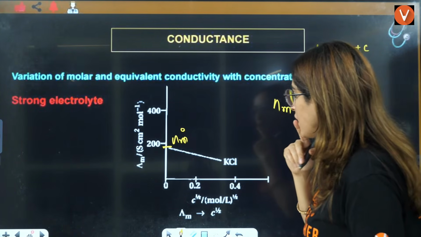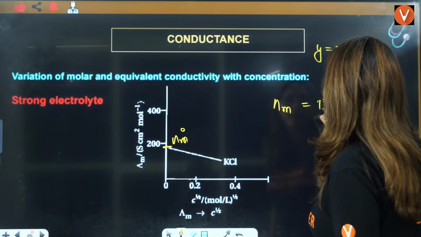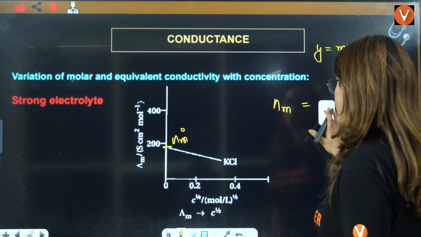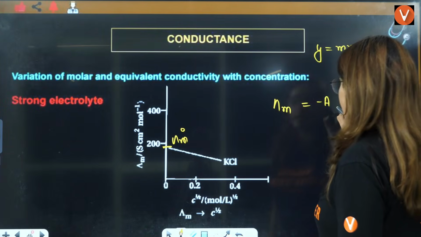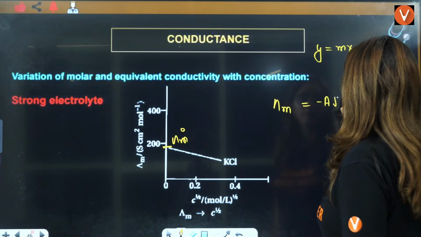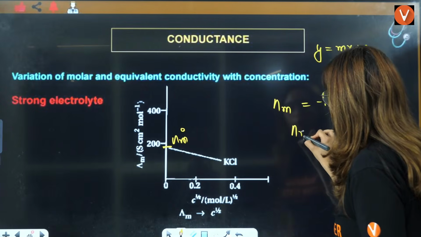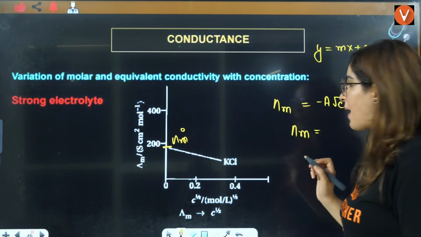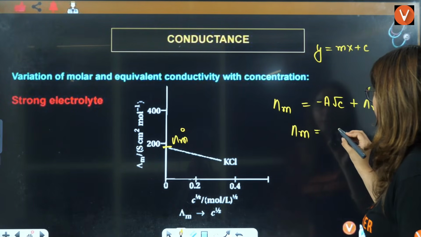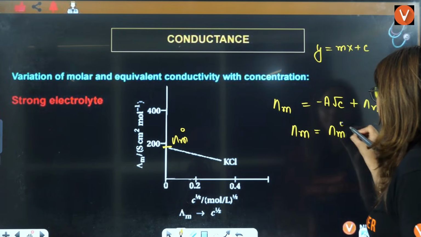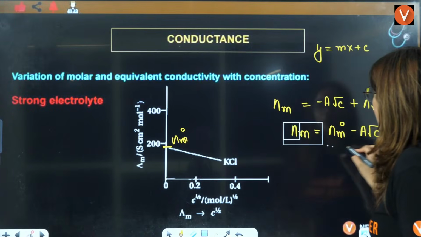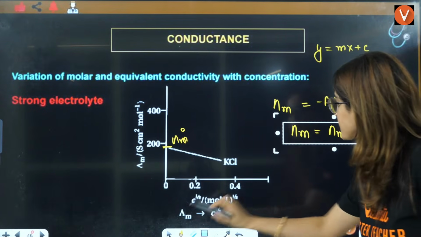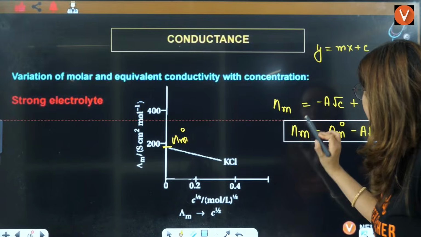And what is the slope here? That is a, and a is going to be negative. So it is going to be minus a into square root of c. This is the Debye-Hückel-Onsager equation, the experimentally defined equation.